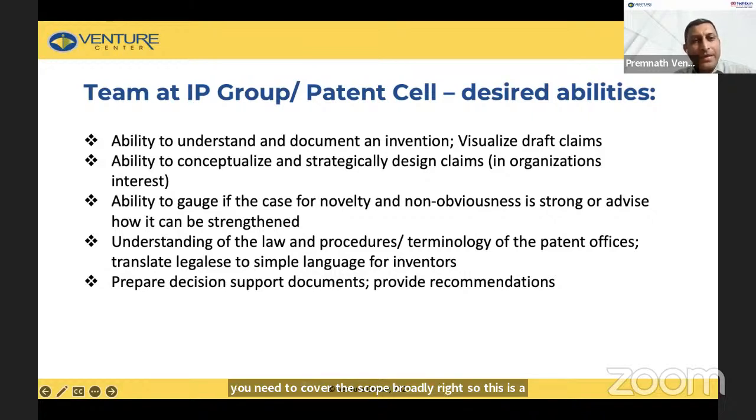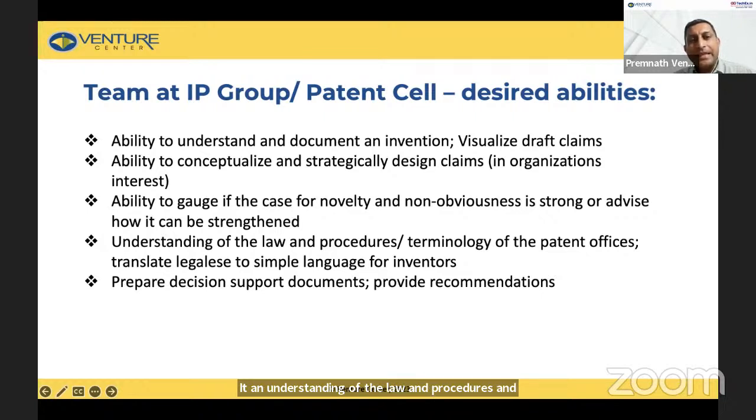You also need to have the ability to gauge if the case has novelty and non-obviousness, and if the case is strong for that, and advise how it can be strengthened. An understanding of the law and procedures and terminologies of the patent office is quite important.